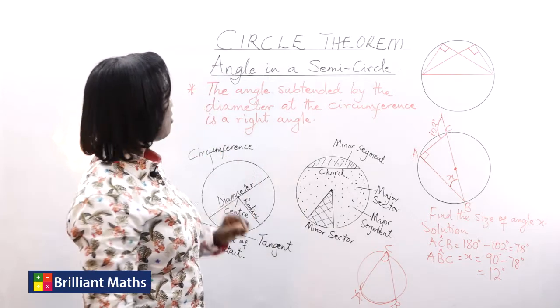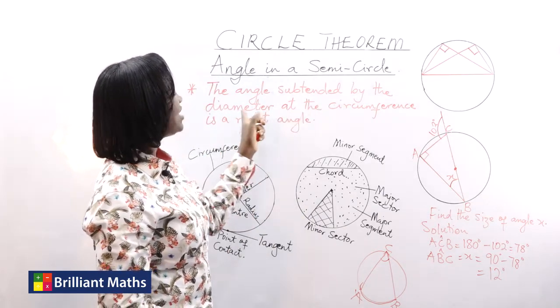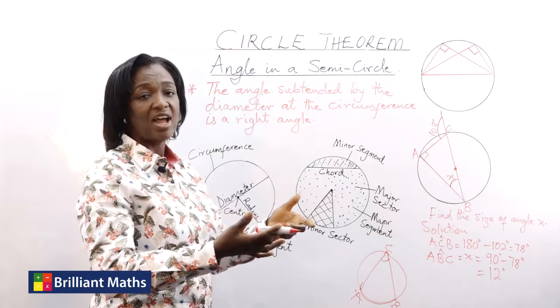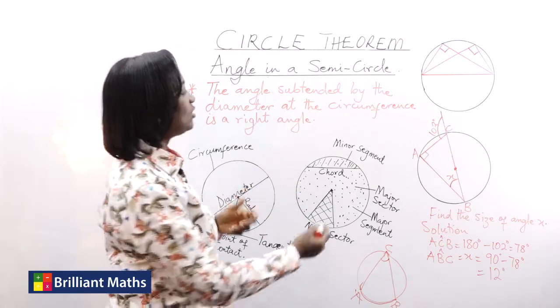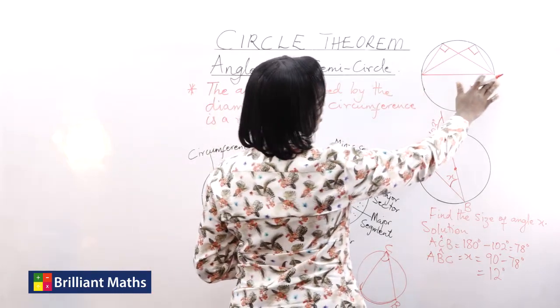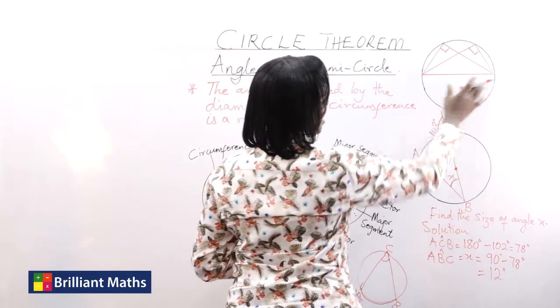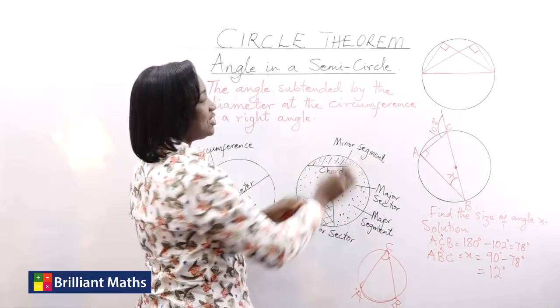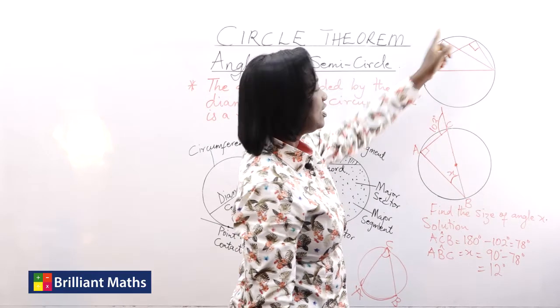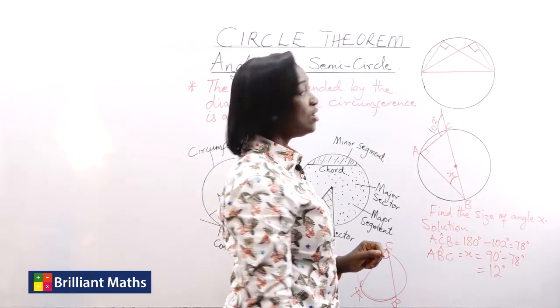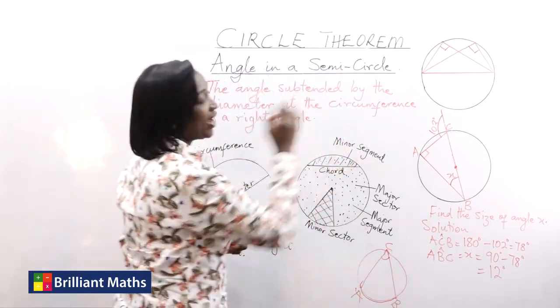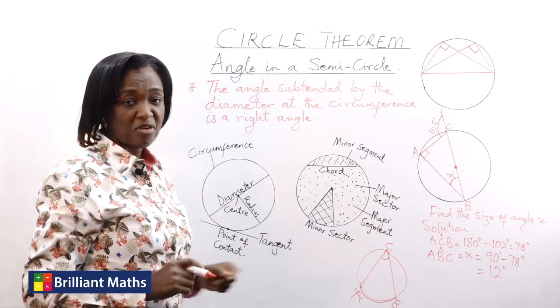So with this theorem, it says the angle subtended by the diameter. That means the diameter is what forms the angle. The angle subtended by the diameter at the circumference is a right angle. So we're going to be working with that theorem.